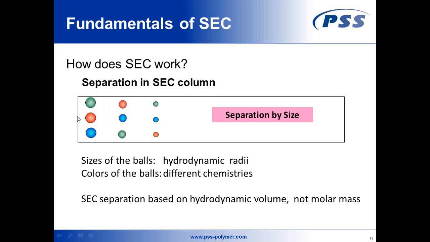The larger the sample or protein you are going to measure, the earlier it will elute from the column; the smaller it is, the later it will elute.